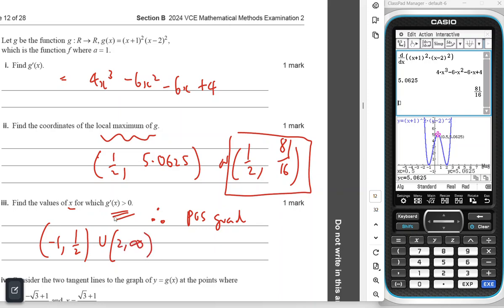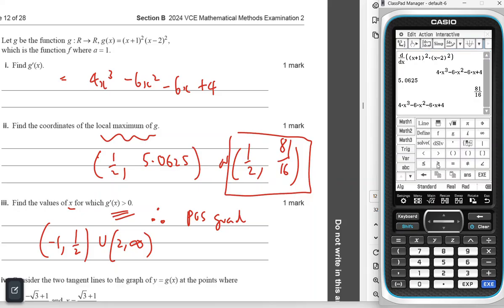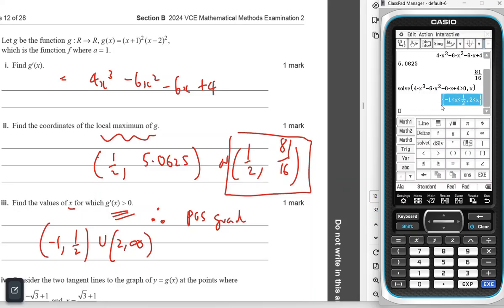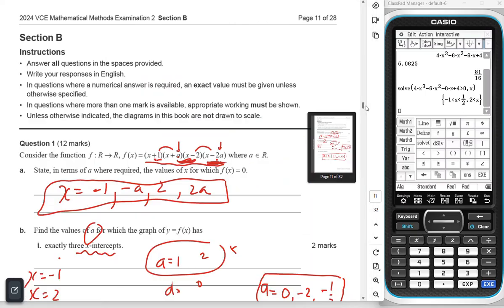And that's when the derivative is going to be positive. I could take this and make it bigger than 0, keyboard, maths 3, bigger than 0, and solve for x. And that's going to give me the same intervals, -1 to 1/2 and bigger than 2.